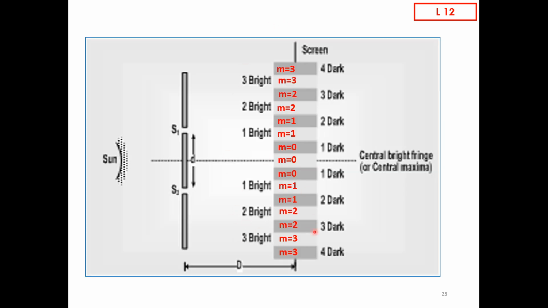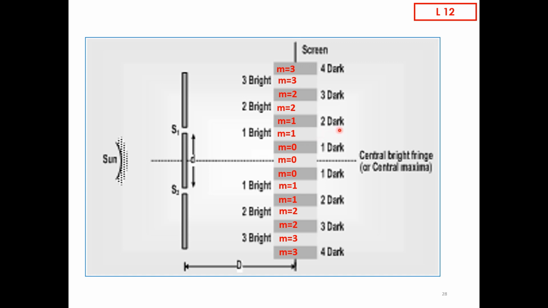Okay, look at this diagram. At the center, we call it the central bright fringe, so the number of order m equals 0. Next, we have the first dark fringe, with order m equals 0. Next, we have the first bright fringe, with order m equals 1.